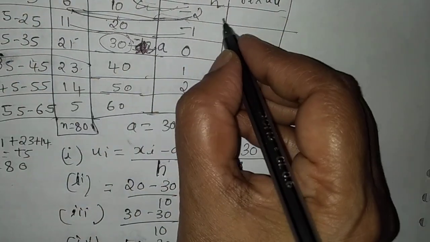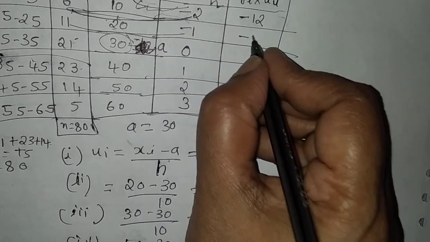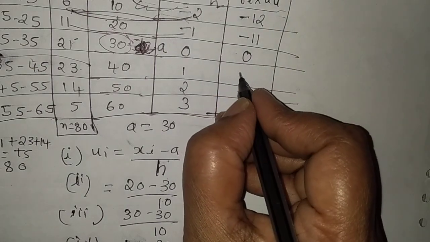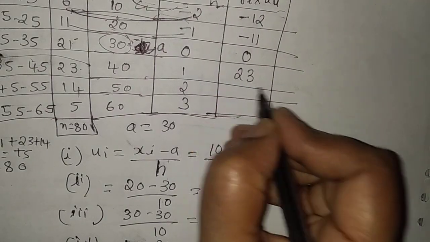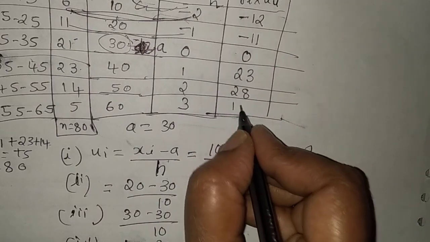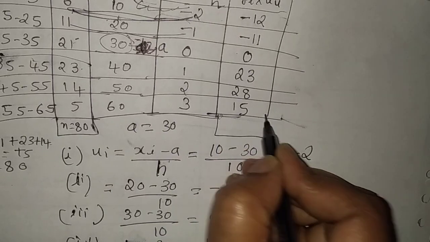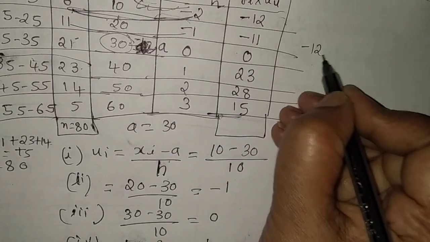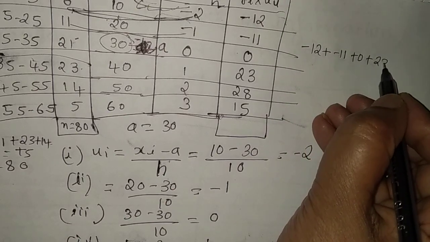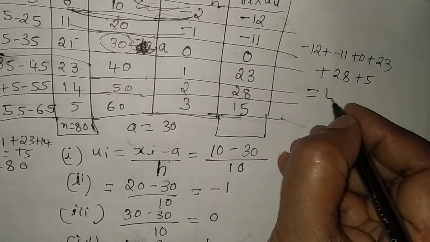These two multiply. 6 into -2 is -12, -11, 0, 23, 14 into 2, 28, 5 into 3 is 15. This completes the table. Then summation is summing -12 plus -11 plus 0 plus 23 plus 28 plus 15, which will be equal to 43.